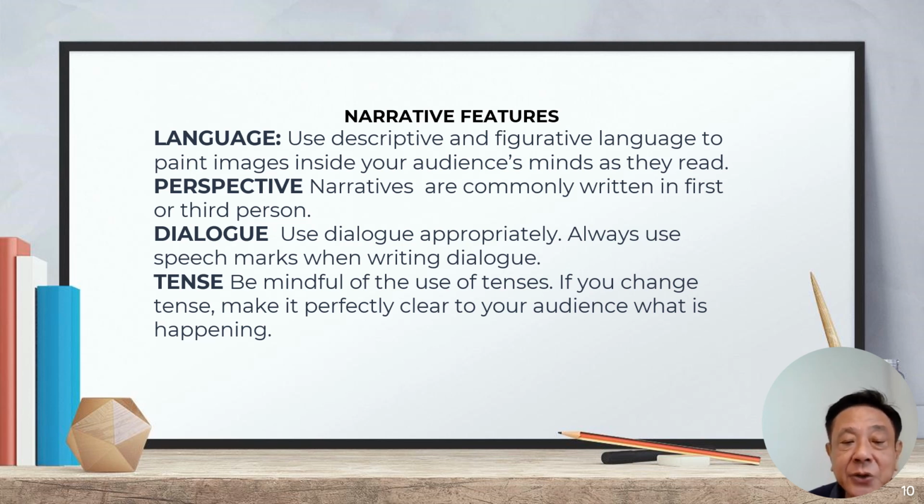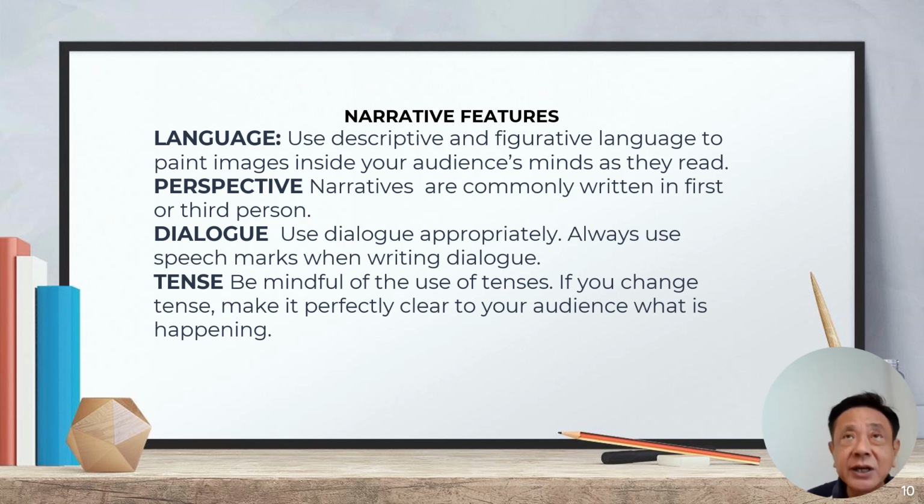You also use the third person. For personal narrative, it is the first person narrative. But for the third person narrative, you are writing about other people's stories. All right. So it's the third person. You use pronouns like he or she. Whereas if you're writing your own personal narrative, then you will use I.